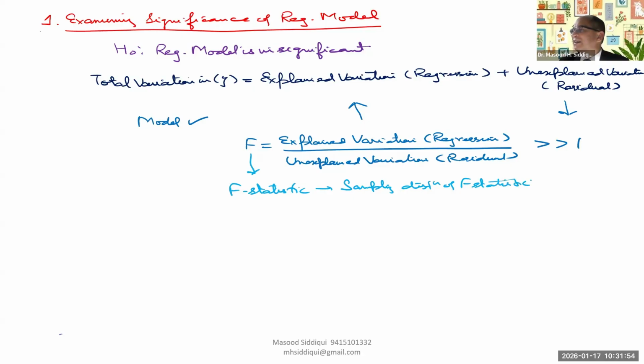It is just a technical part. You can ignore this part also. And this sampling distribution of the F statistic is better known as the F distribution. Right? So this is the graph or the shape of the F distribution.